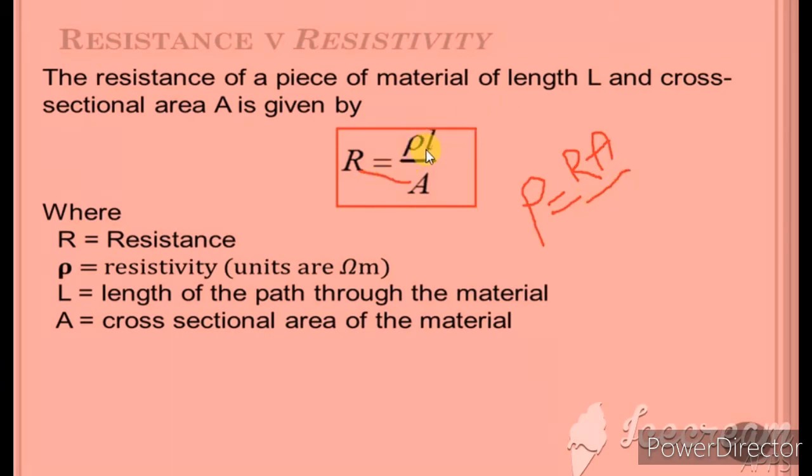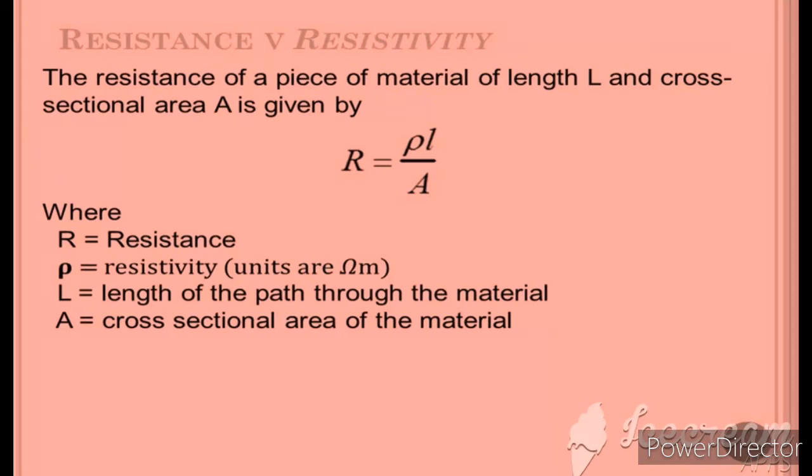So rho is equal to R into A divided by L. This gives you the formula for resistivity, and the other gives you the formula for resistance. If we know both of these formulas, we'll be able to solve the problems easily.